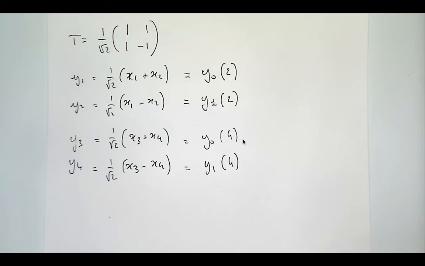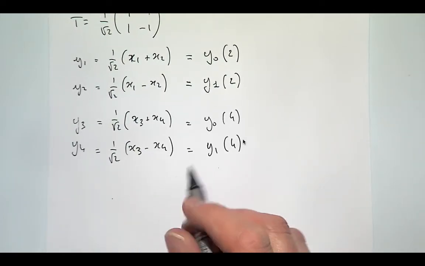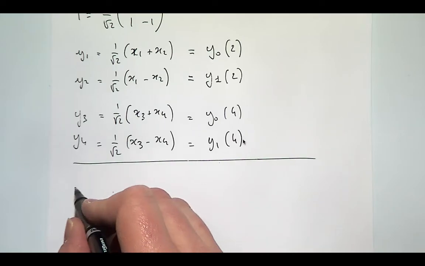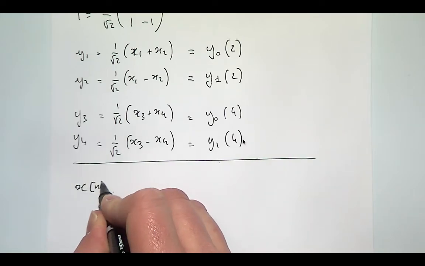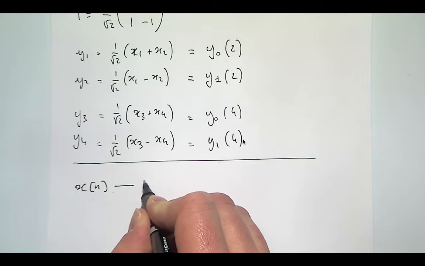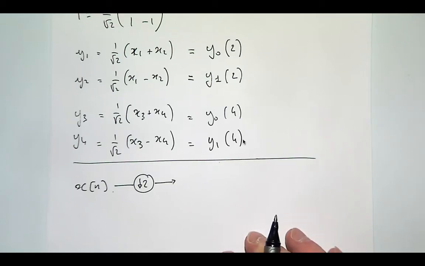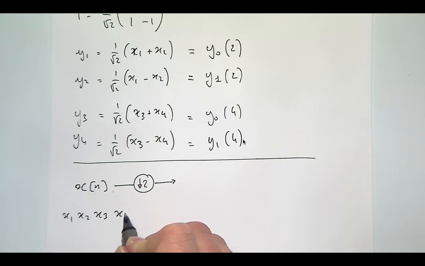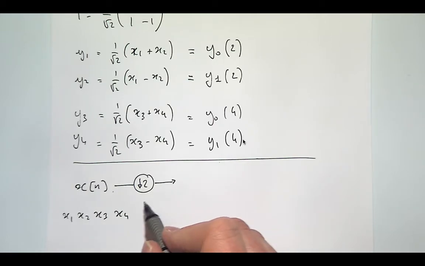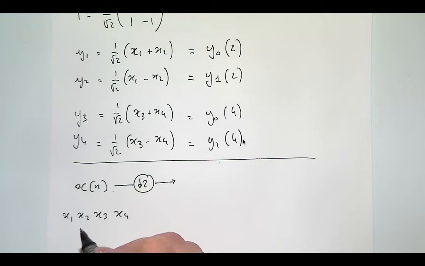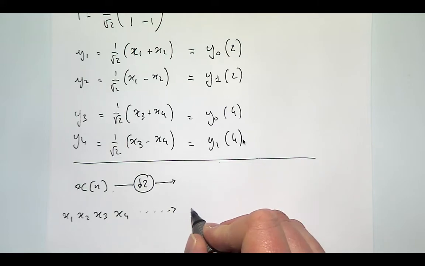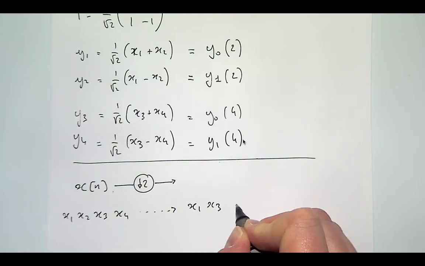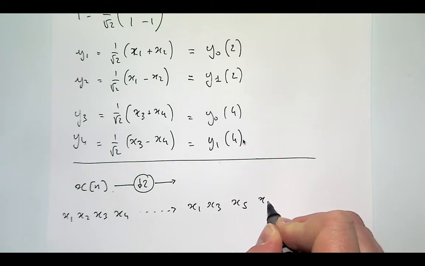Let's look back at the fundamentals of that. If you have a signal x[n], and you had x1, x2, x3, x4, after a downsampling operation, what you'll get is x1, x3, x5, x7, and so on.